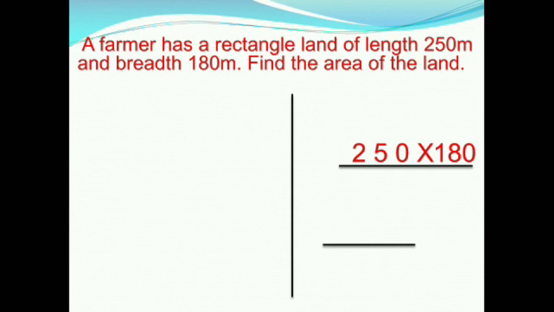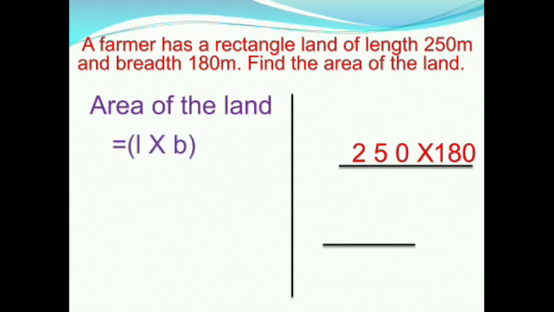Children, this land is in which shape? Yes, rectangle shape. To find out the area of the rectangle, which formula can we use? Yes, L into B units. Now we should find out the area of this land. Which formula can we use?